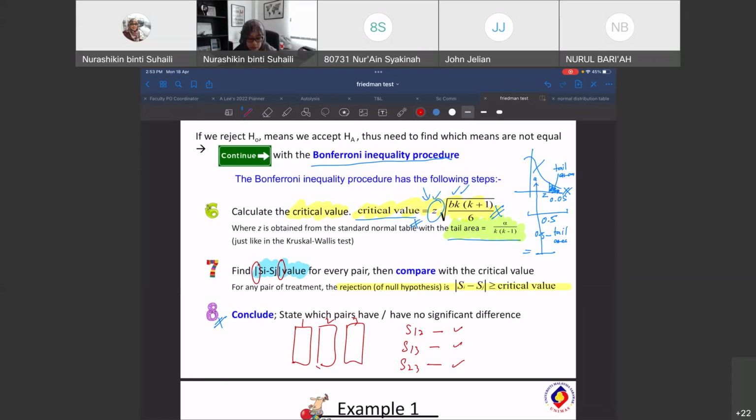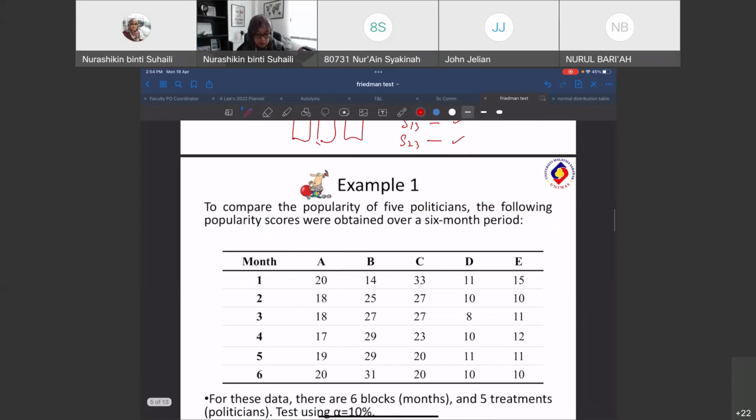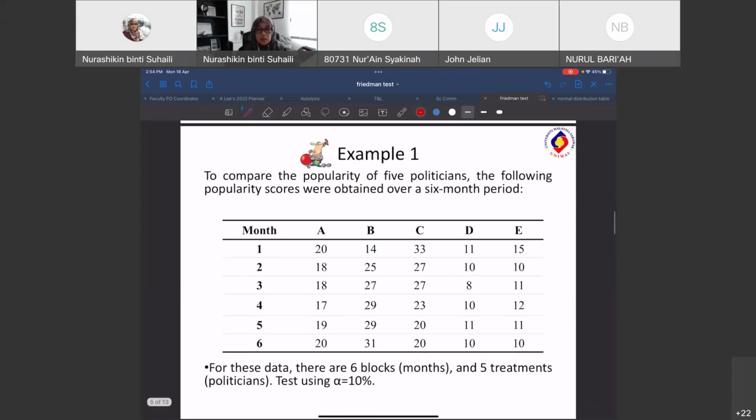Okay, now let's have a look at an example. So this is an example of a problem that requires you to use the Friedman test. Okay, so let's analyze the data. To compare the popularity of 5 politicians, the following popularity scores were obtained over a 6-month period. Okay, sometimes in the questions, it is not stated which one is block, which one is treatment.